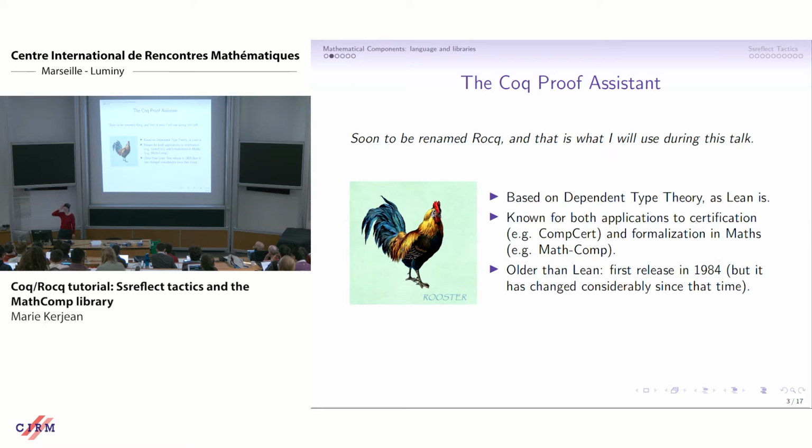So it has different issues than Lean. It's not the same issues. It's not the same size. The community around MathComp is now smaller than the community around MATLib, but it has been maintained for a very, very long time. And I think this is what I'm going to talk about today.